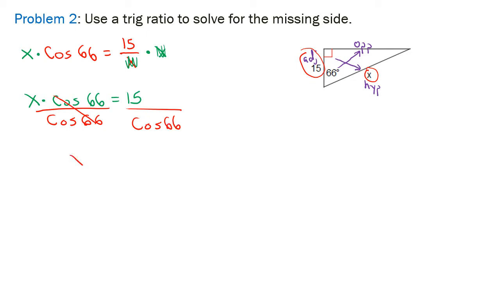And so we are going to be left with x equals 15 over cosine 66. We're going to type that into a calculator: 15 divided by, hit the cosine button, 66, close parentheses. And you're going to get about 36.9 if we round to the nearest tenth. So this right here is 36.9.